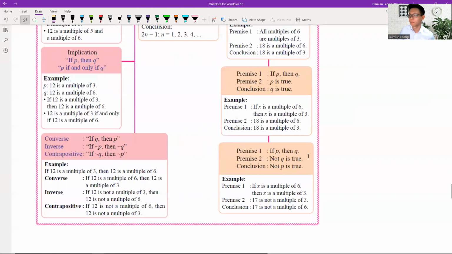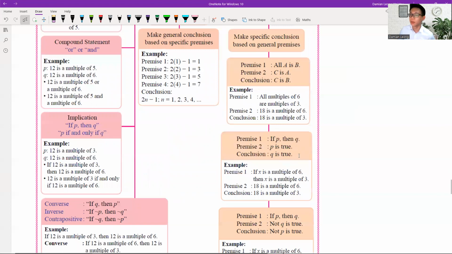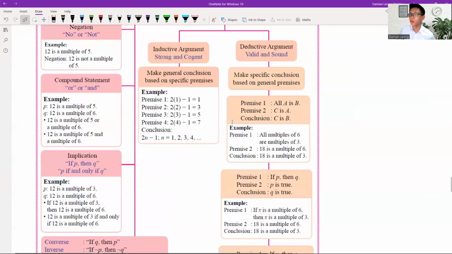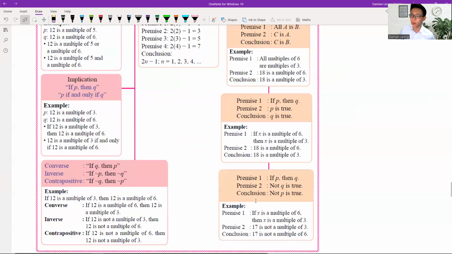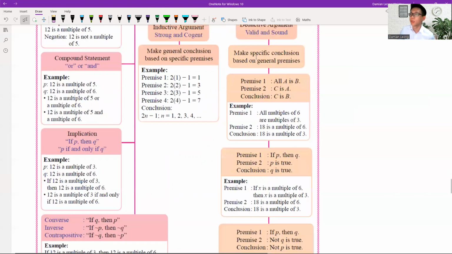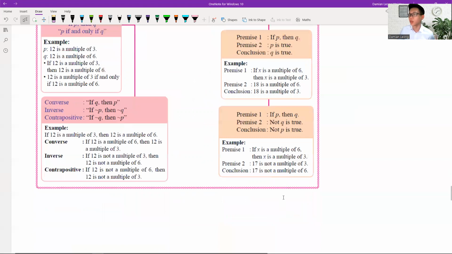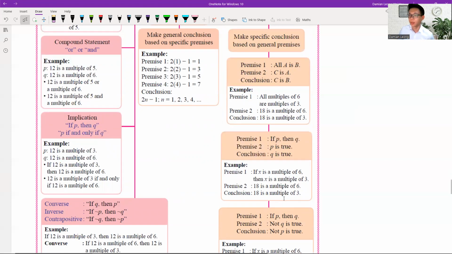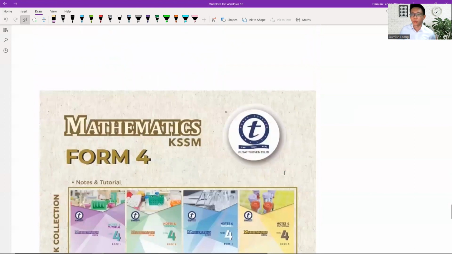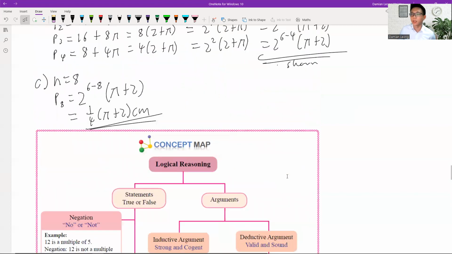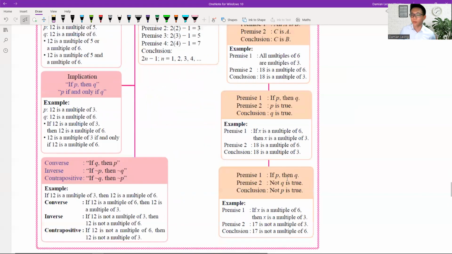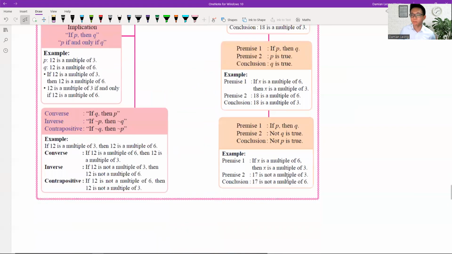Make sure you remember these 3 forms of your deductive arguments, because that's important to determine whether it's valid or not. If it doesn't follow, then it's not valid. So basically that's the content for chapter 3.